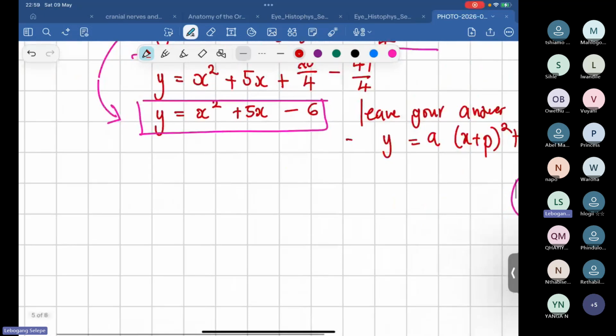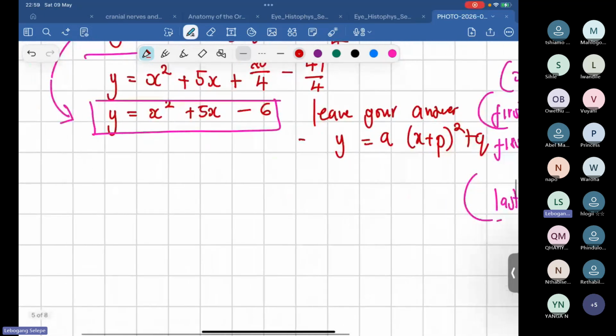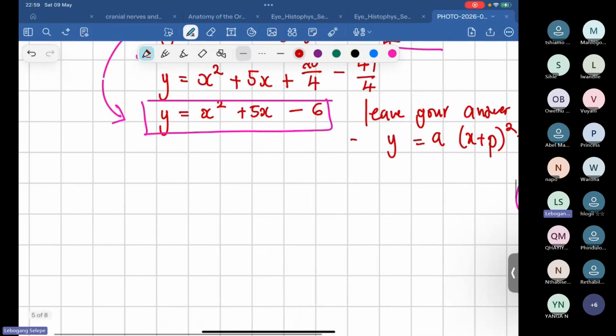If you have to leave your answer like that, that's where completing the square comes in. Have you guys been taught how to complete the square? Have you done completing the square in grade 11 yet? Yes, ma'am. Okay, so you have to complete the square.